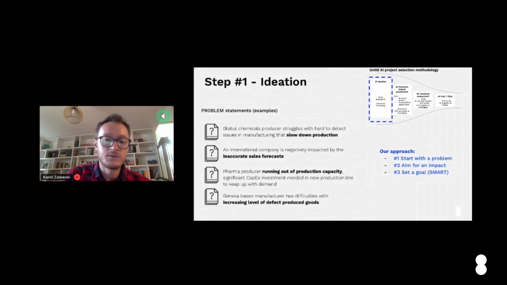We're running out of capacity on one of the pharma production lines, and we can either invest a massive capex into building a new production line, or can we actually use advanced analytics and AI to maybe figure out if we can gain a few percentages of productivity. So that's a good problem statement that allowed us to later on develop into a full-blown solution and a full-blown optimization of the production line.